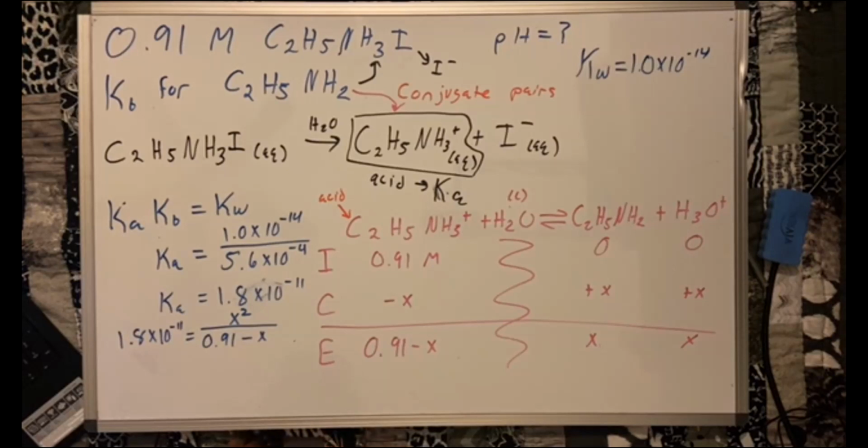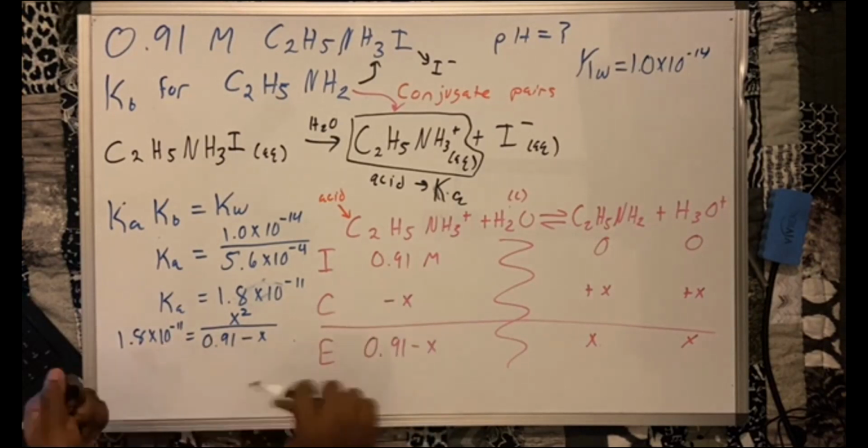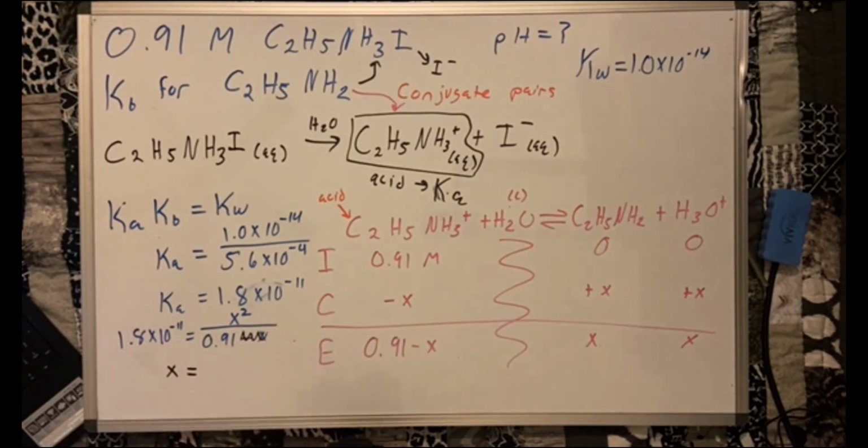Okay. I'm just going to assume x is small, right? I have 10 to the negative 11 here. That's 10 to the negative 1. So the difference is more than 4, so that's a good assumption that I can make. So get rid of this x, do my math, and I get x is what? Let's see.